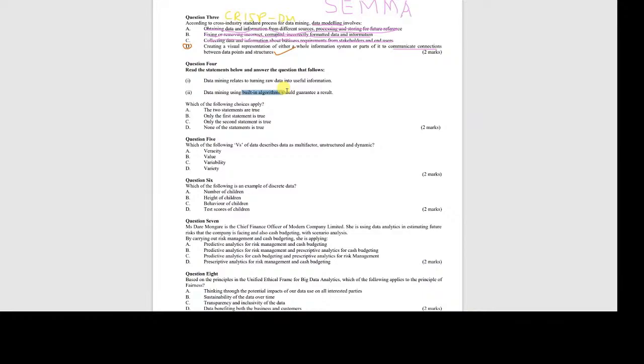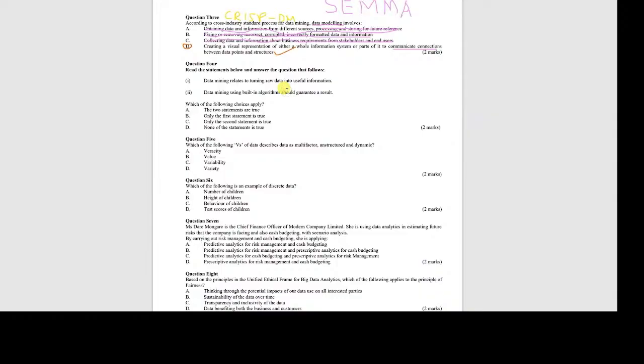Why? Because the accuracy and reliability of the insights generated by data mining depend on the quality and relevance of the data being analyzed, as well as the appropriateness of the algorithms that are used.